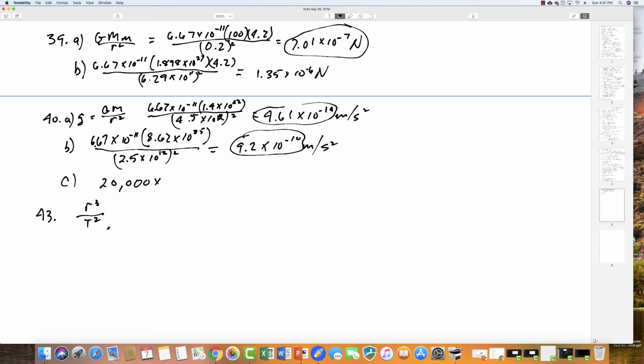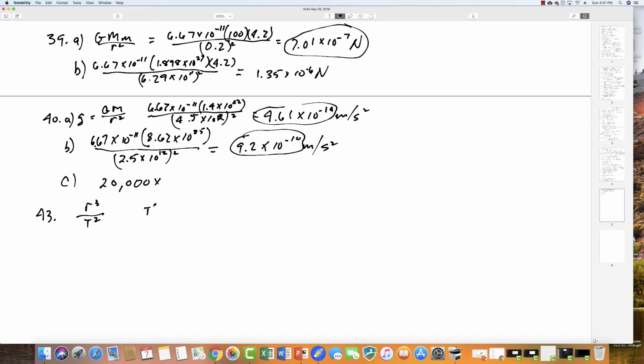And there's a table, 6.2, which shows various planets, various R's, and periods. And we will be using that table several times. And the first problem, number 43, says that a geosynchronous Earth satellite is one that has an orbit period of precisely 1 day.